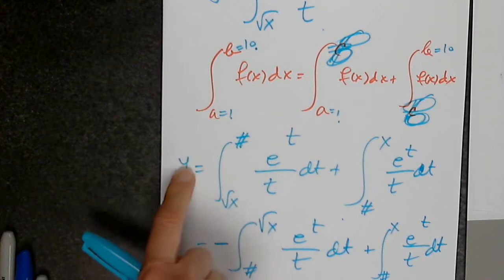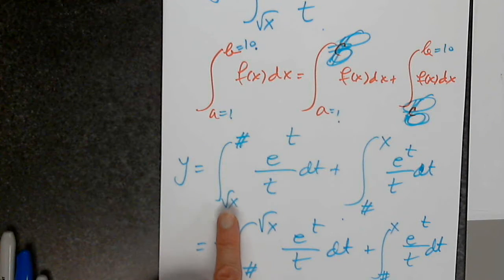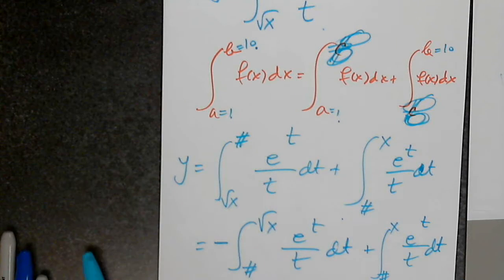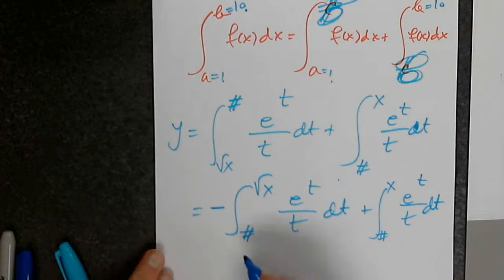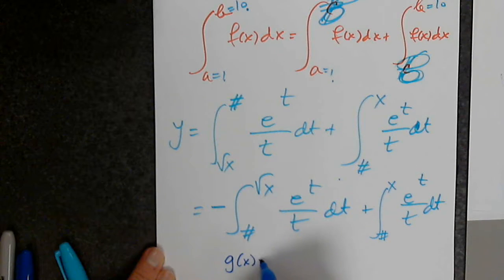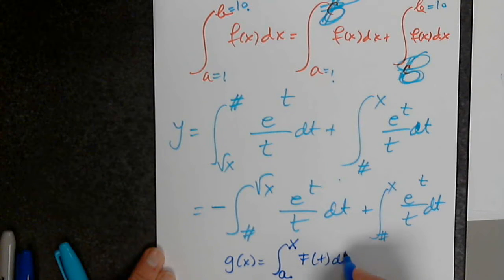So you still have to put a negative in front of it, right? Because it does not have a number at the bottom. The lower limit must be a number. Let me remind you of the fundamental theorem of calculus. Let's write it one more time. g of x is the integral from a to x of f of t dt.